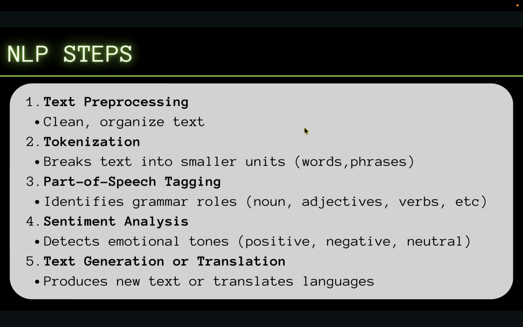The verb would be looking, which can be another word for I am interested, and your adjective would be the description of the weather. These would all be different grammar roles that your system will be breaking into pieces to identify what you're asking it to do.